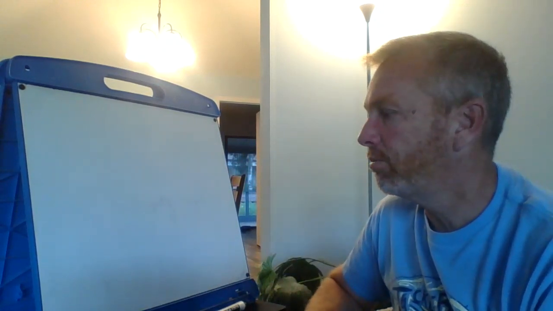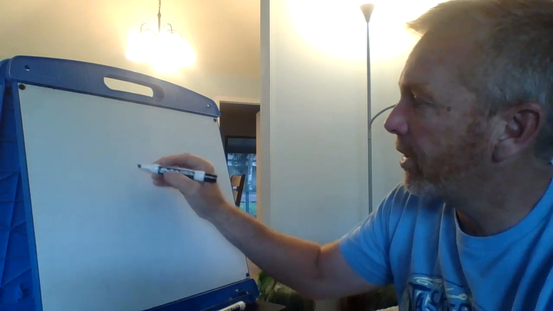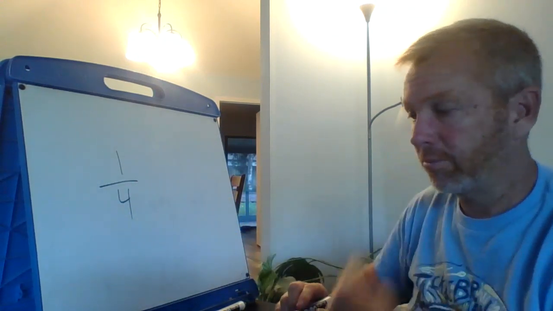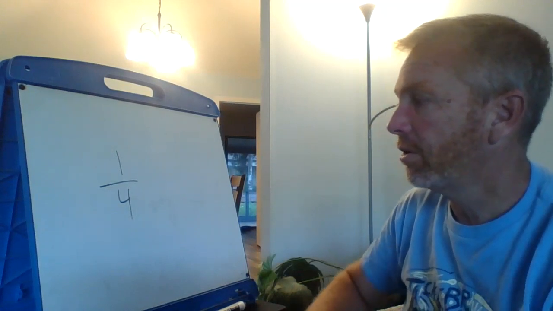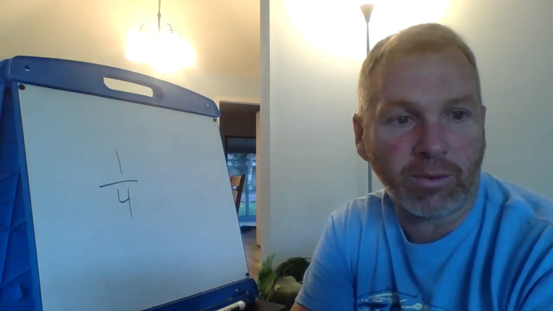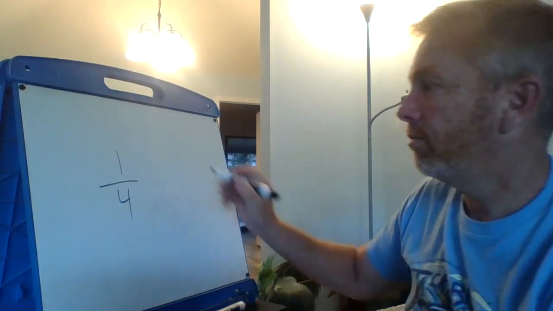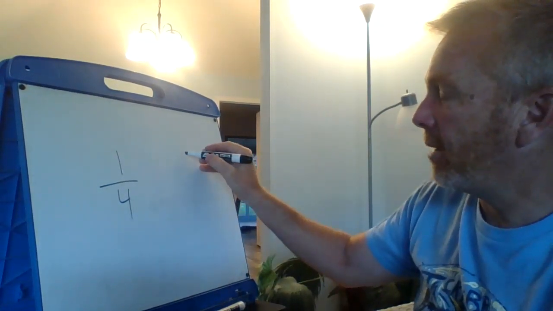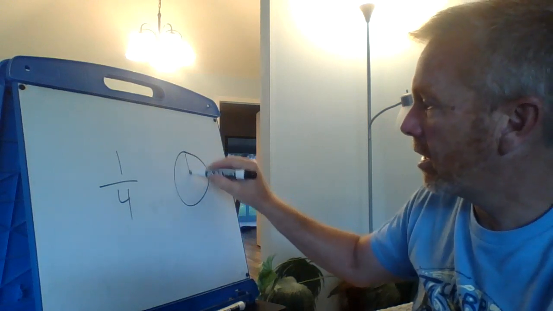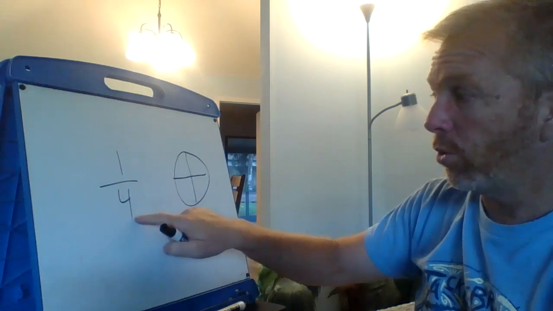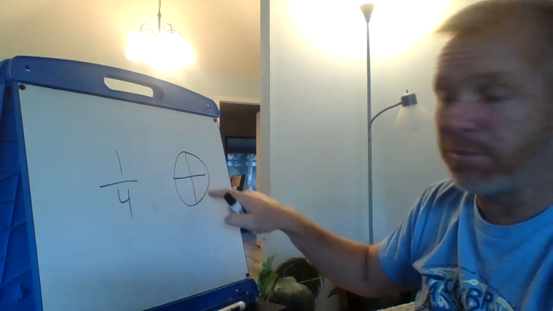Remember, let me draw a fraction real quick. We'll say 1/4. Let me turn that around so it's not backwards for me. There we go. We know that if we had a pie, that 1/4 means the denominator talks about how many parts it's cut into.